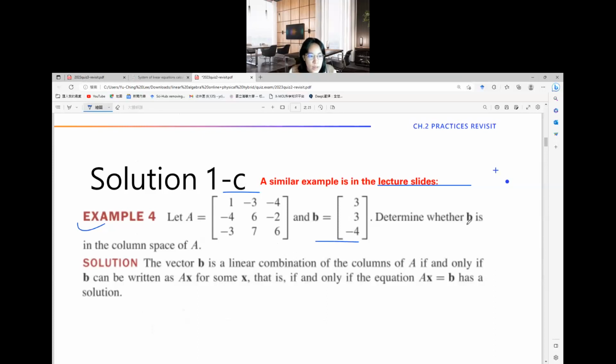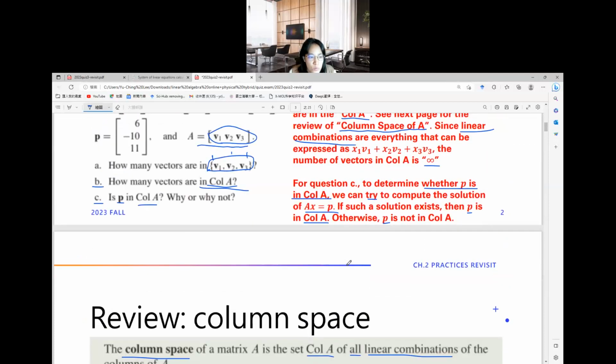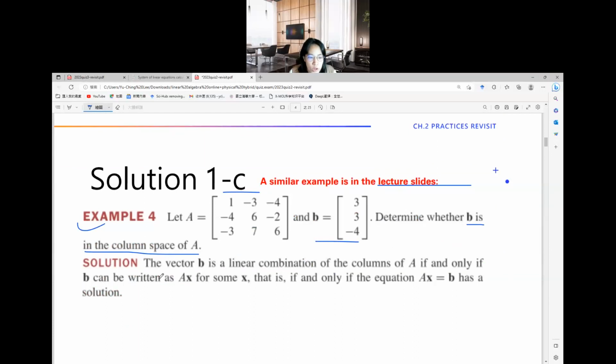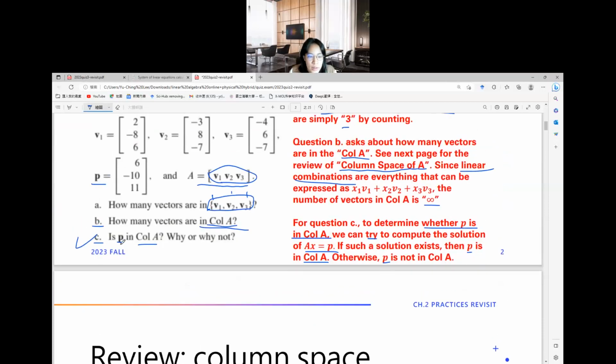Determine whether B is in the column space of A. This example is similar to question C, because question C asks exactly the same thing, whether vector P is in the column space of A. In this example, the solution was that vector B is a linear combination of the columns of A if and only if B can be written as A times X for some X. That is, B is a linear combination of the columns of A if and only if the equation AX equals B has a solution.